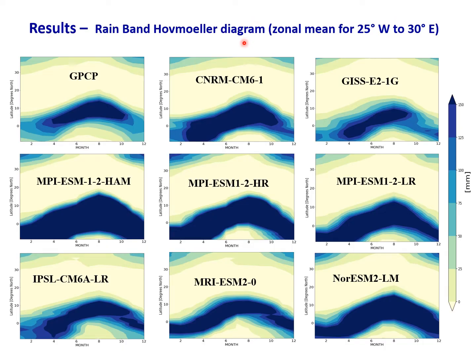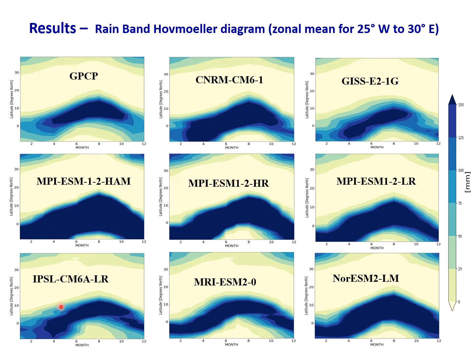So the zonal mean rain band for the GPCP as a reference dataset shows that low intensity rain bands are located in the south in January, and the highest intensity rain bands are located in the north in August and then move back to the south in December. So this dynamic is also represented in the models as well.